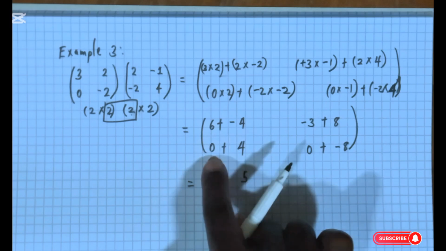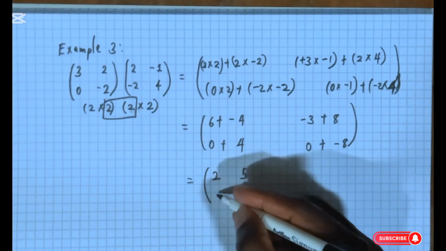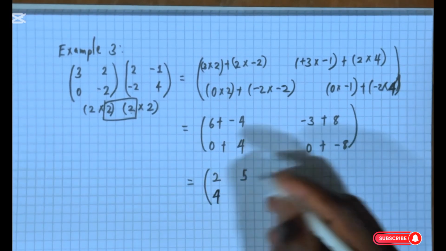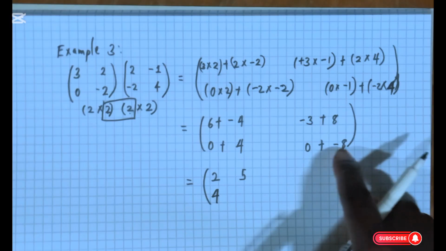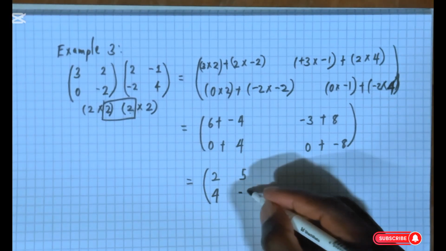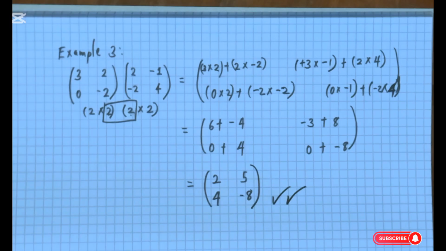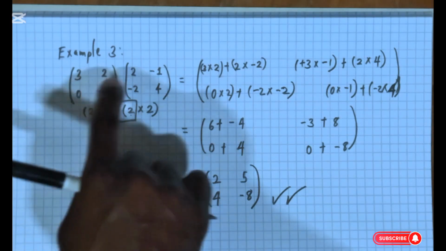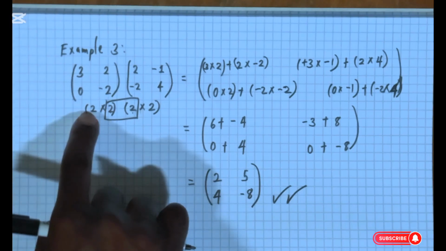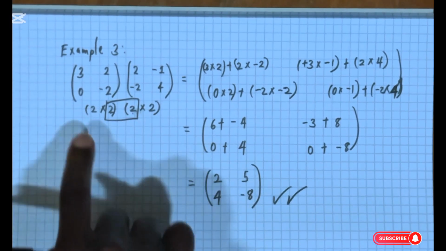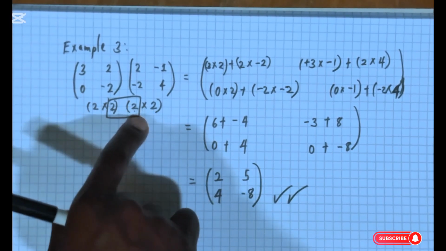And 0 plus 4 is going to give us 4, and 0 plus negative 8 is going to give us negative 8. And that there is our resultant matrix, the matrix we get when we multiply these two matrices, which is of order 2 by 2, as you can see from our compatibility test.